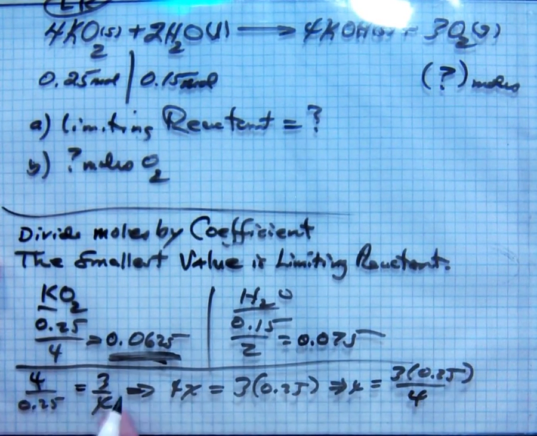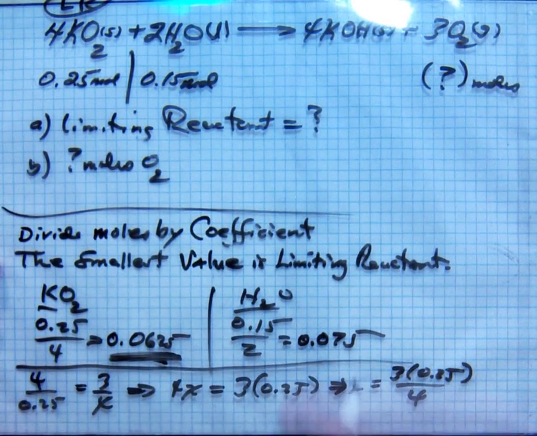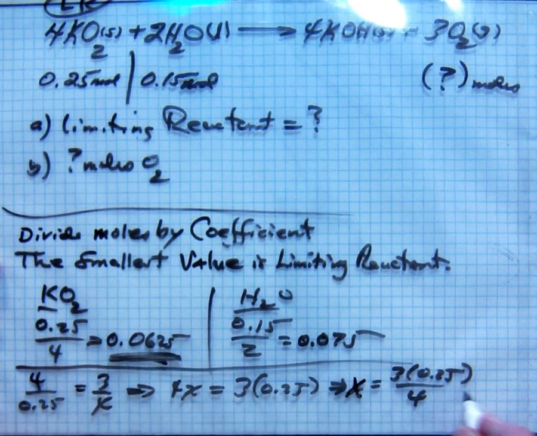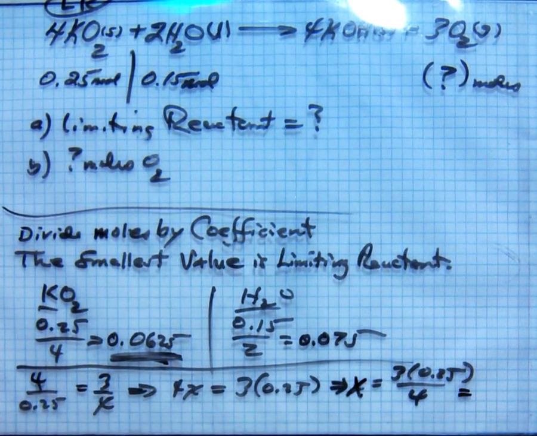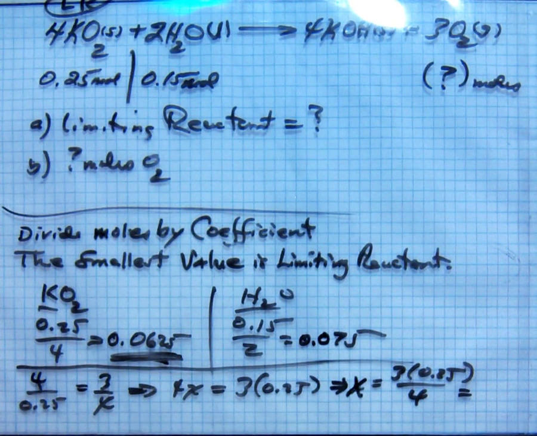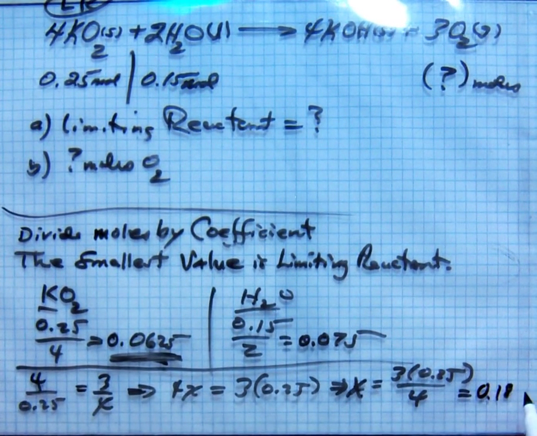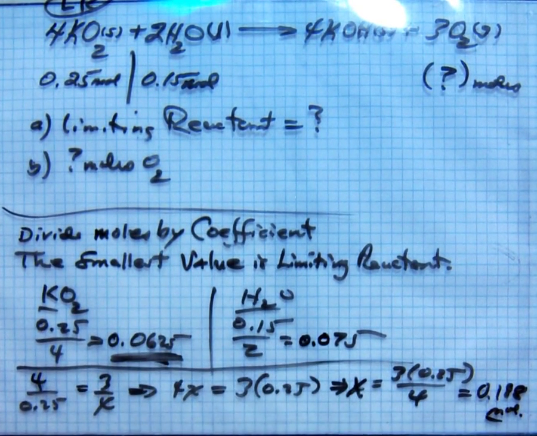Wait a minute. Over 4, and 3/4 of that is what? 0.188, and then of course times formula weight if you need grams of that.